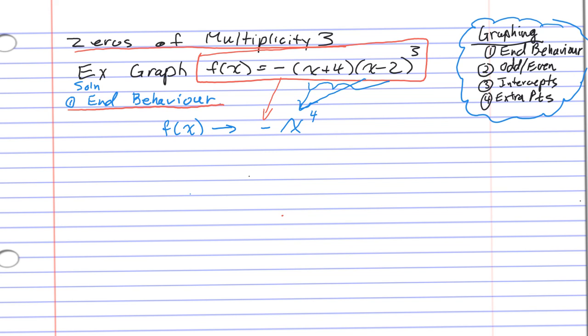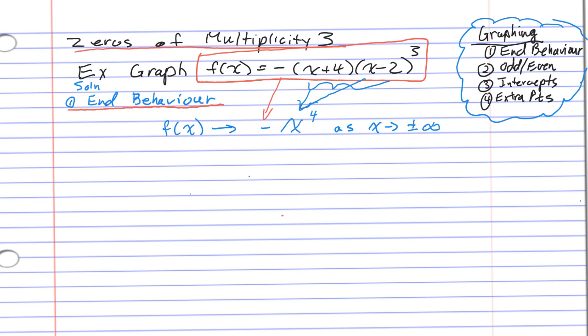So if there is a bracket raised to the 3, you're going to get x raised to the 4 in total, and you end up with something that looks like negative x to the 4th as x goes to plus or minus infinity.